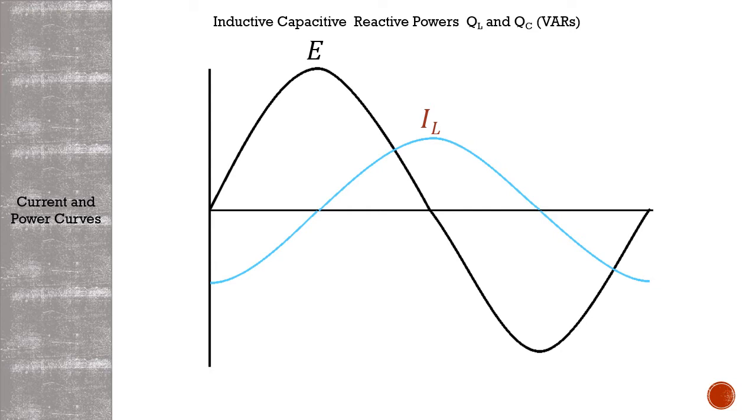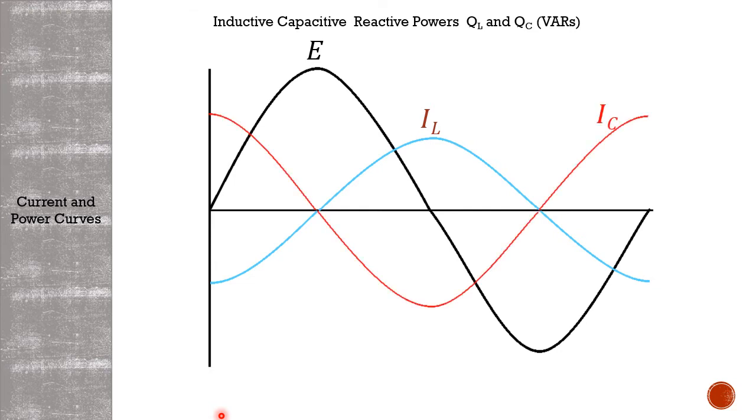So as you can see here, when my voltage is at 90 degrees, my current is only starting to go up in my inductor. So there's a 90-degree lag between when the voltage starts to go up and when my inductive current starts to go up. That's what we mean by a 90-degree lag.